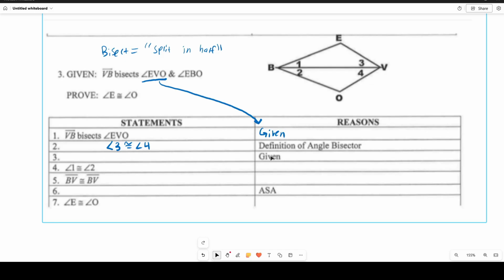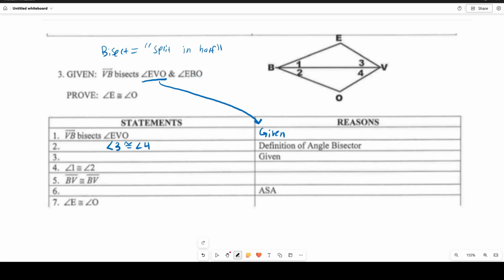The next reason that we're given is given. We've already used given. Let's go back up and see if we have anything else. It says ray VB bisects EVO and EBO. Well, we didn't use this EBO part, so let's use that here.